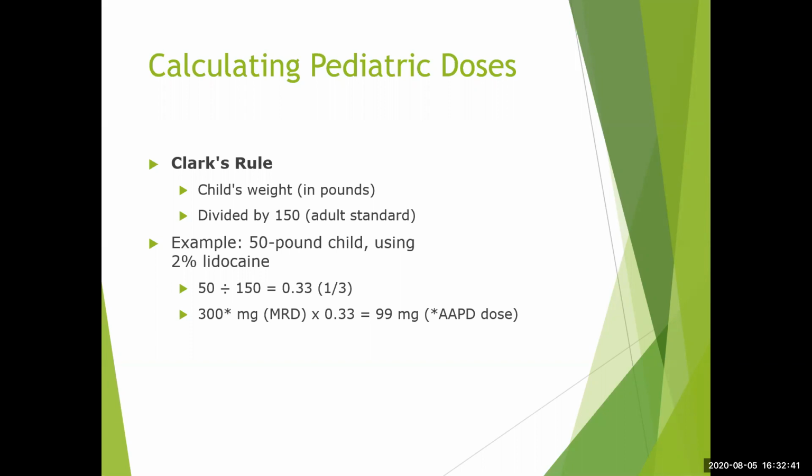And you take the MRD, this 300 milligrams, which is the MRD by the Association of Pediatric Dentists. You multiply that MRD by the decimal 0.33 that you got from dividing the child's weight by the standard, and you find out that you can give that child 99 milligrams of lidocaine.